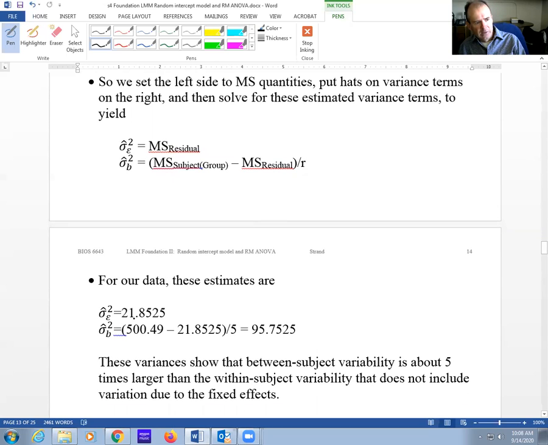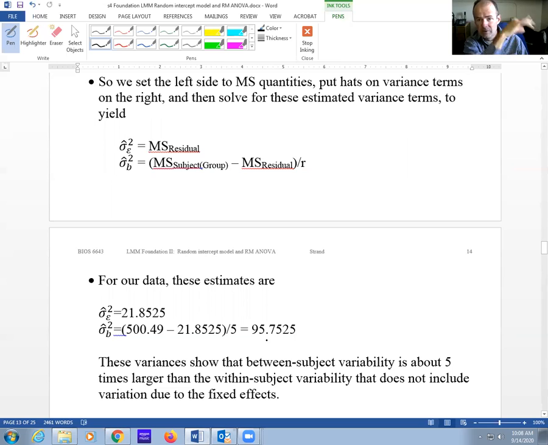Our numerical estimates turn out to be about 21 to 22 for sigma squared epsilon, and the between subject variance is about 95 to 96. Does that make sense based on the data that we saw in the initial figure? I think it was Elise who mentioned you noticed the differences between subjects.